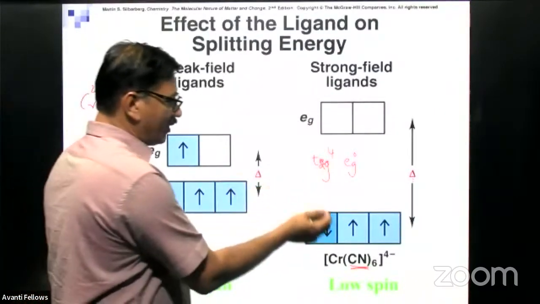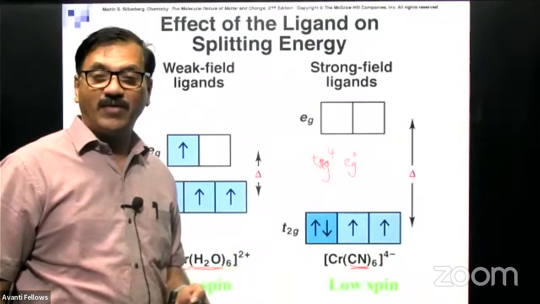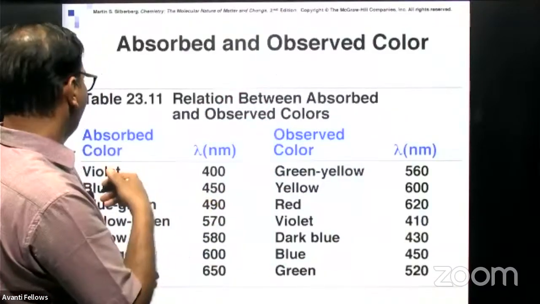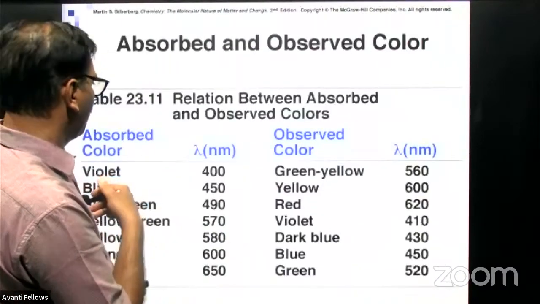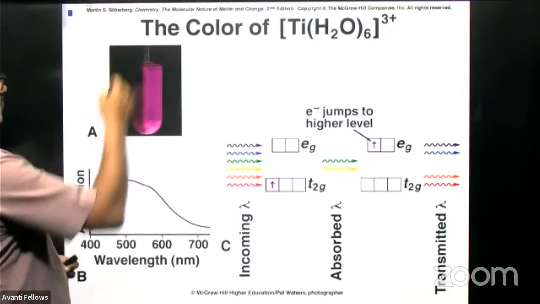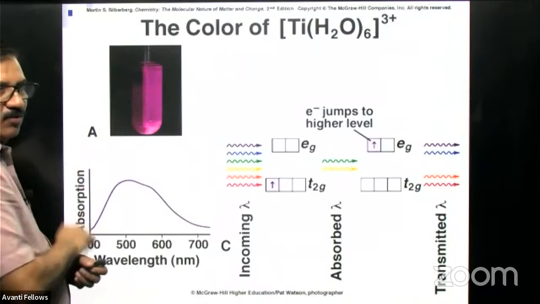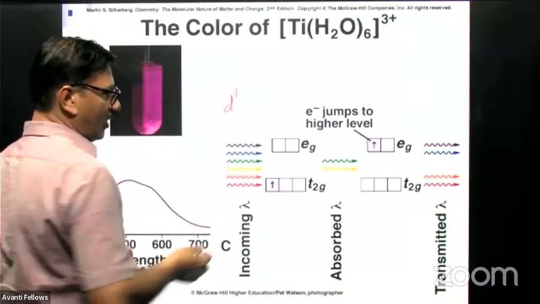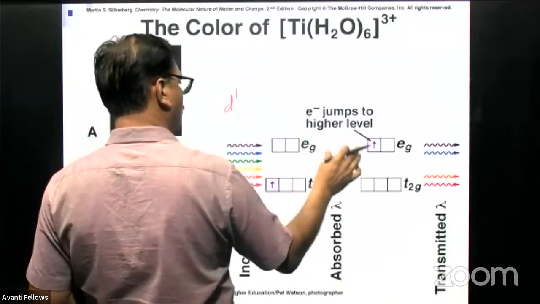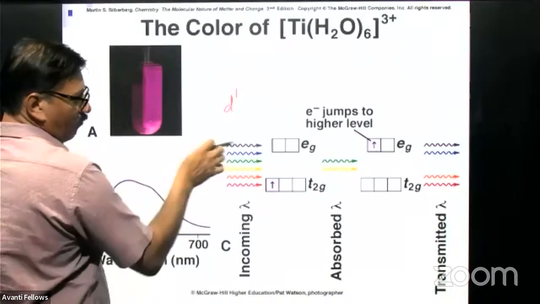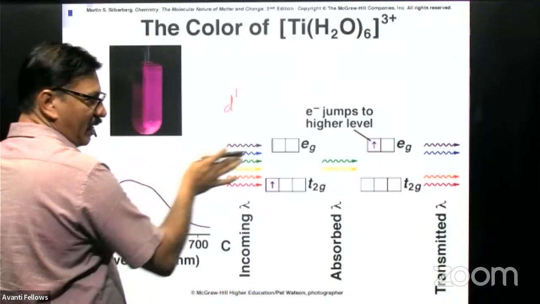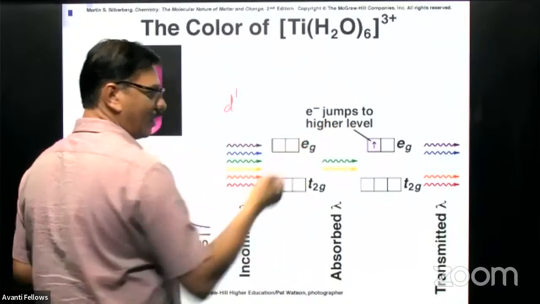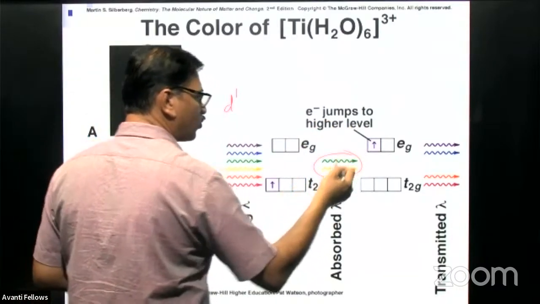I told you that the jumping of an electron needs energy. Okay, if this is a complex ion, this is the complex, and if there is 1 electron, say a d1 configuration, the compound is kept here, and the 7 colors of light are passed through it, so that this electron gets excited by absorbing these 2 colors.